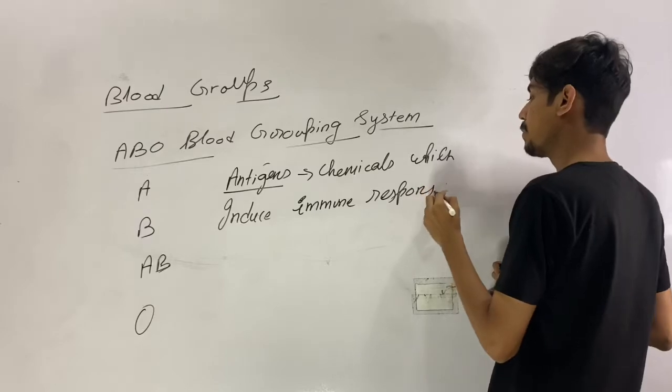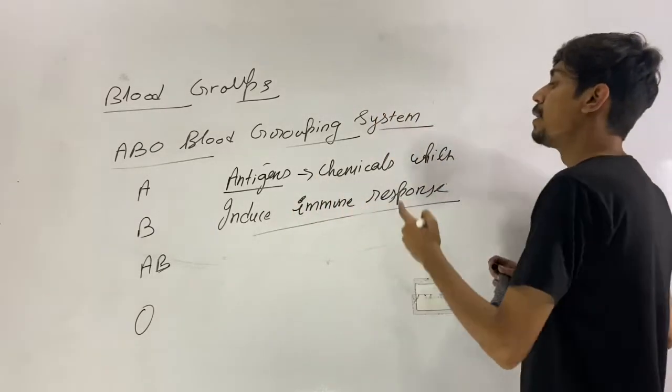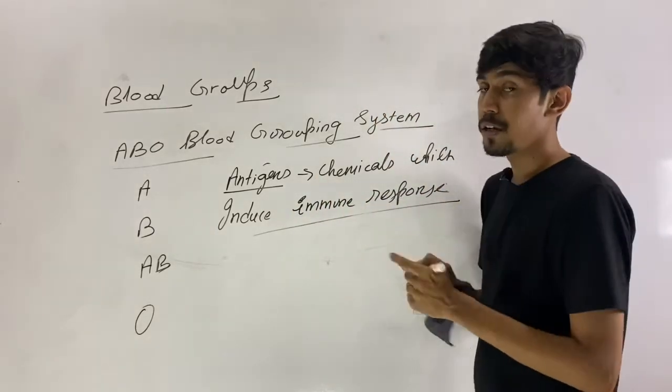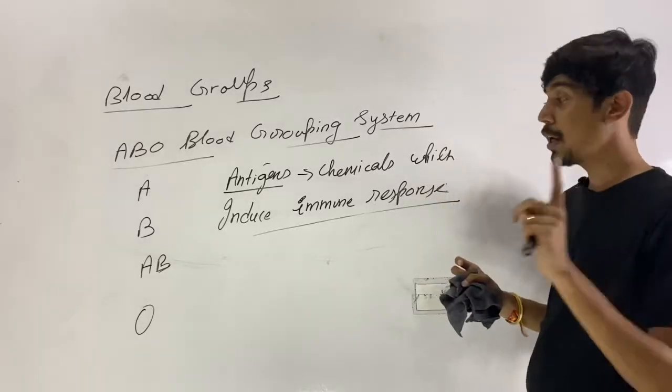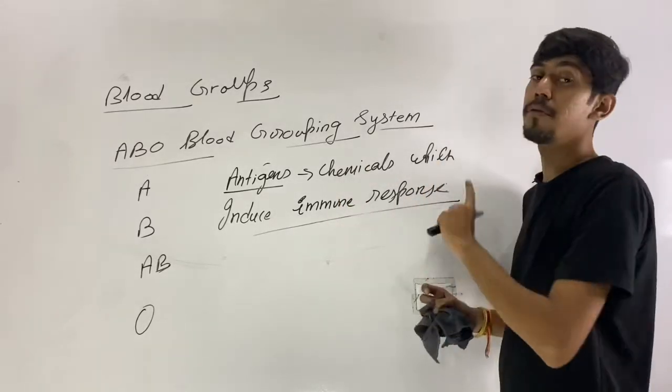We all know this. So these are the chemicals, and these chemicals are present on the surface of RBC. Keep that in mind, that antigens are the chemicals which induce immune response.